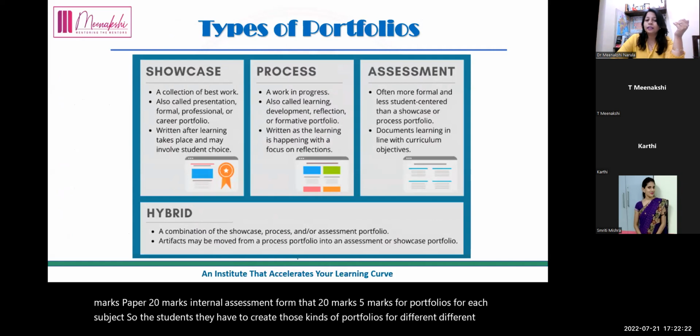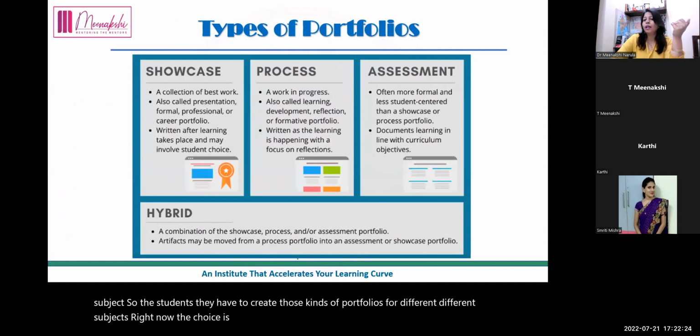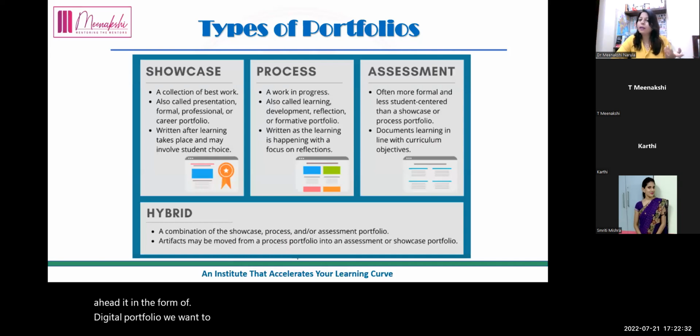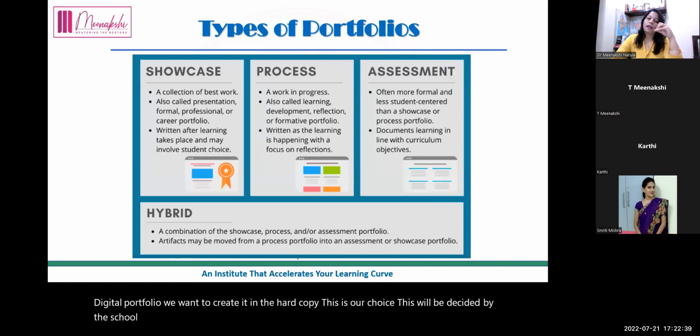Right now, the choice is ours how we would like to go ahead. We can go ahead with a digital portfolio, or we can create it in hard copy. This will be decided by the school, depending on what kind of devices are available with the students.